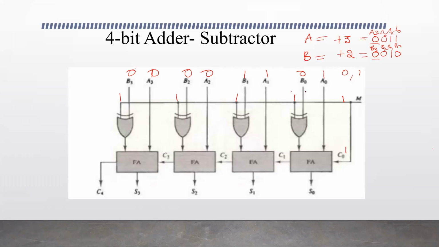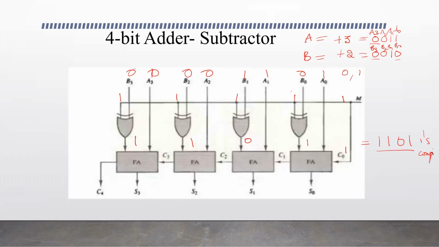When B passes through the XOR with M as 1, 1 XOR 0 generates 1, and 1 XOR 1 generates 0. The intermediate result is 1, 1, 0, 1, where B is 0, 0, 1, 0. It is the 1's complement of B.